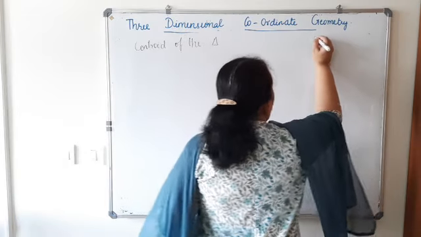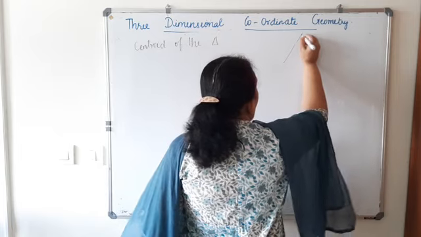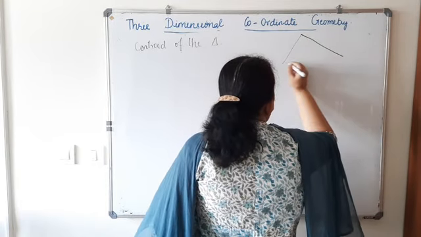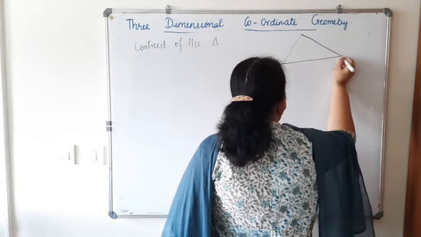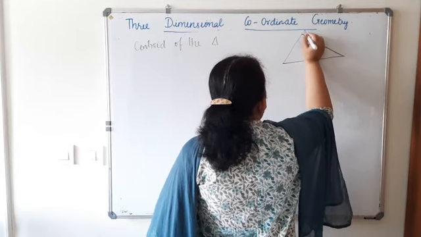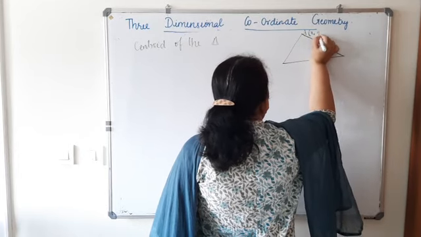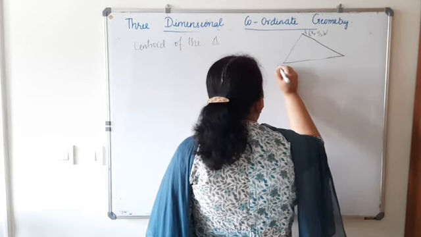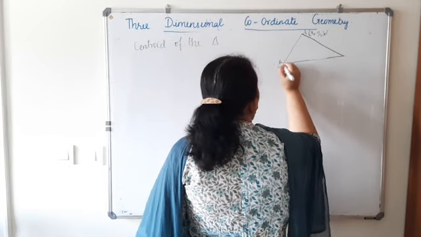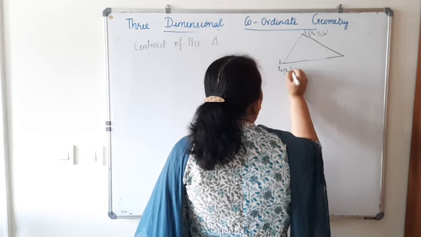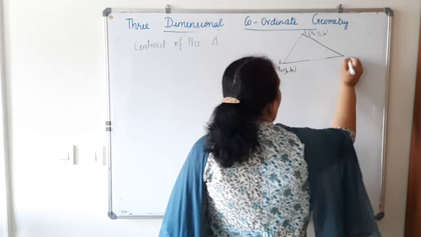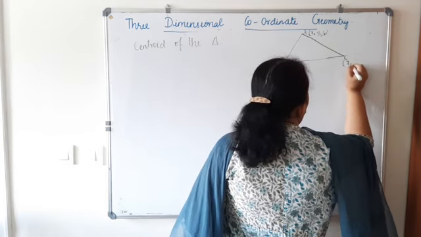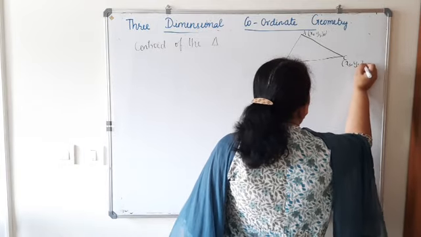Now, let us consider a triangle ABC: x1, y1, z1, x2, y2, z2, C, x3, y3, z3.